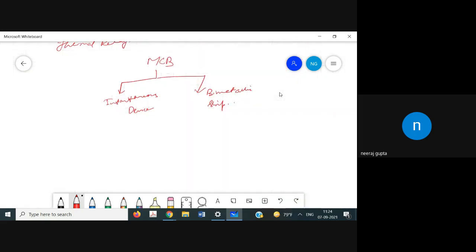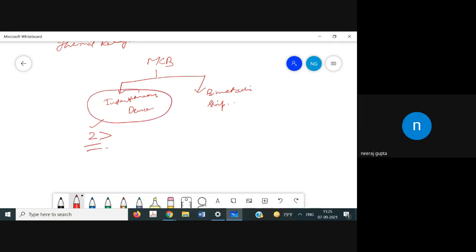Now, what happens? Let us suppose the magnitude of the current is high. Let us suppose that we have a rated current of 2 amperes, and if the current exceeds this rated current by many times, then the whole MCB will operate instantaneously due to this instantaneous device.